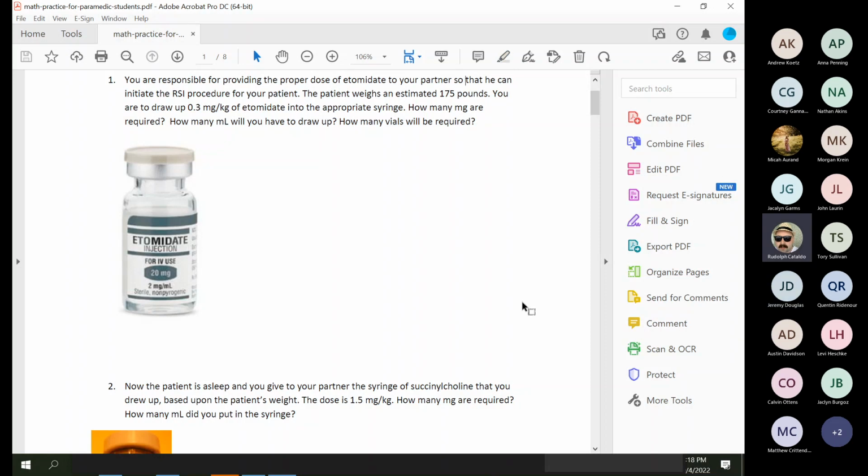Yeah. Okay. So if I'm looking at that vial of etomidate, it has 20 milligrams total. It doesn't tell me how many mLs are in there, but it tells me at the bottom 2 milligrams per mL. Now, if I have 20 milligrams total and I have 2 per mL, how many mLs do you think I have?